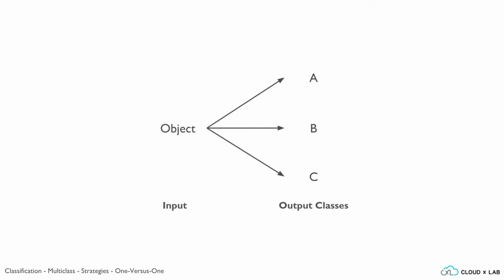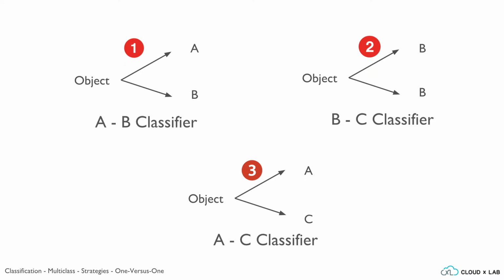Let's understand one versus one strategy using a very simple multi-class classification problem. Say we have to train a classifier which classifies an object into one of the three classes A, B, and C. In one versus one strategy, we train multiple binary classifiers, one for each possible pair of classes.